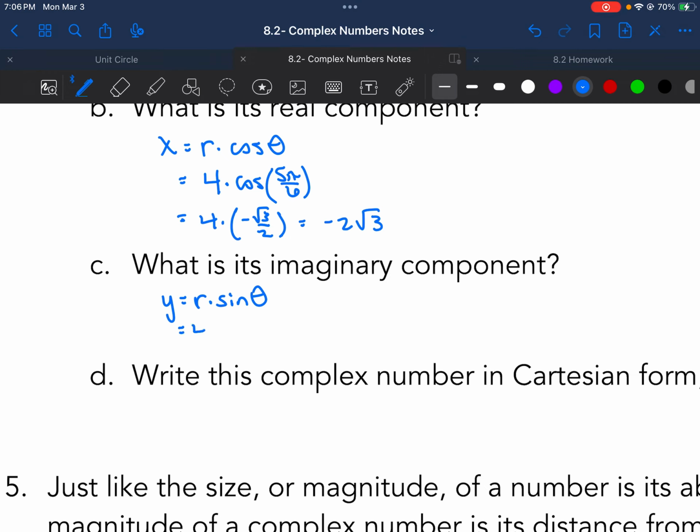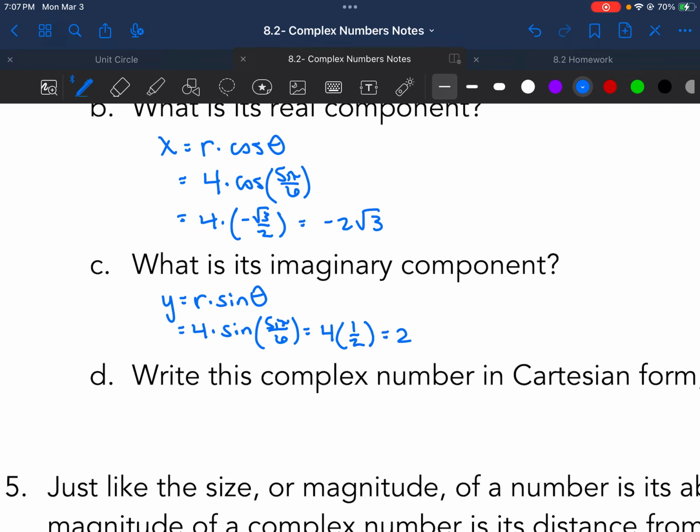So this is going to be equal to 4 times the sine of 5 pi over 6. Sine of 5 pi over 6 is 1/2. 4 times a half is 2.